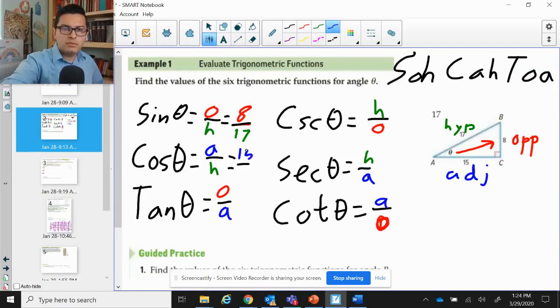Cosine is 15 over 17. Now our next bit is going to be our opposite over our adjacent. So that's going to be our opposite, which is 8, over our adjacent, which is 15.